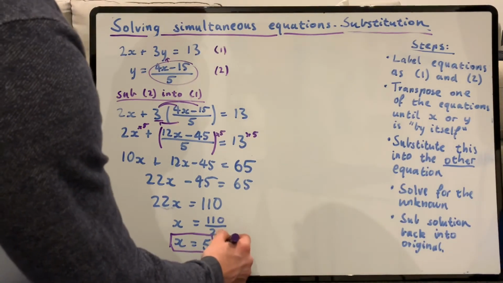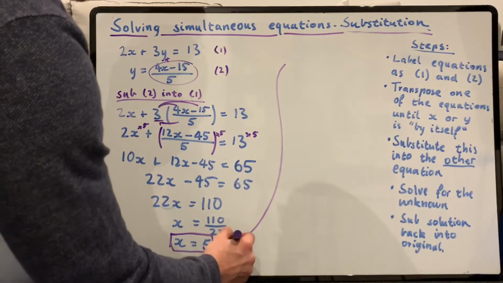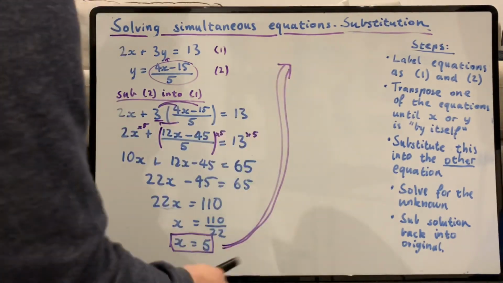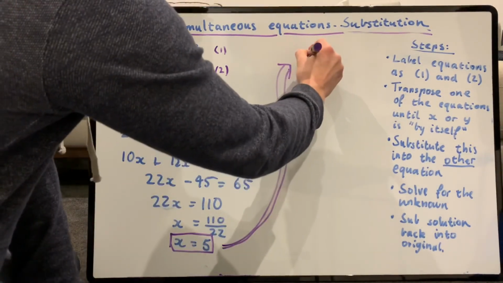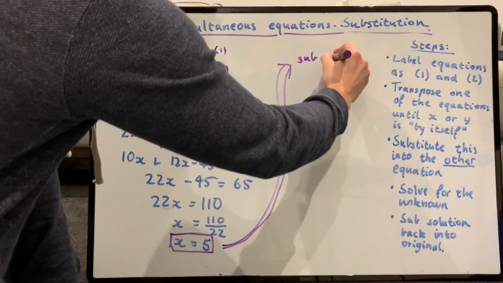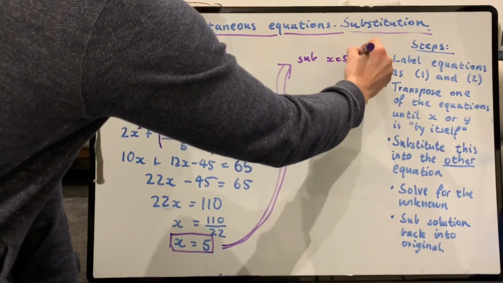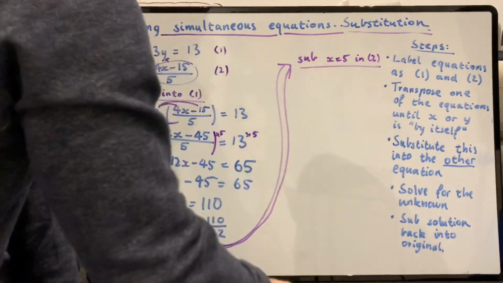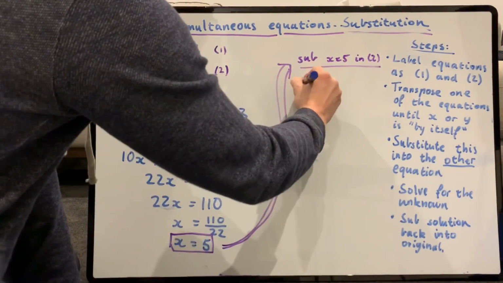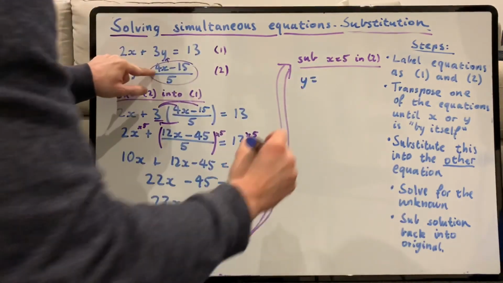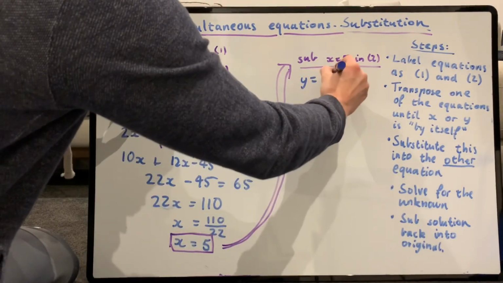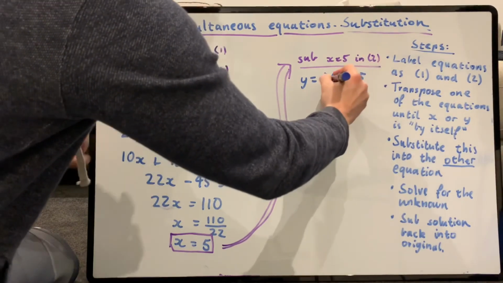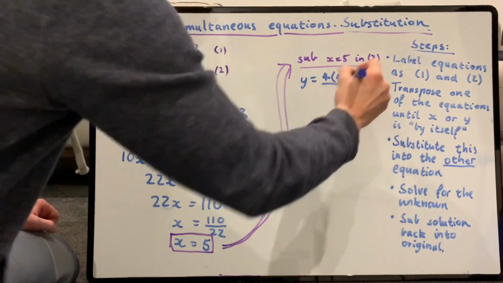So we're going to continue up here. We are going to sub x equals 5 into equation 2 to end up with y equals 4 times 5 minus 15 on 5.